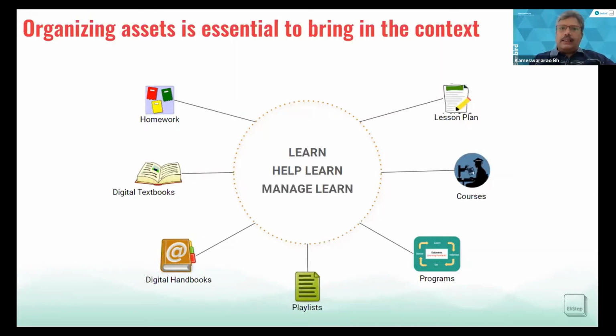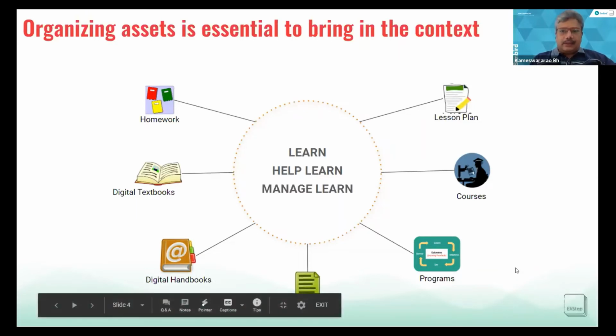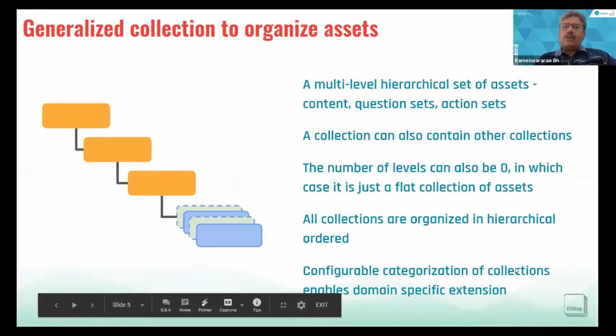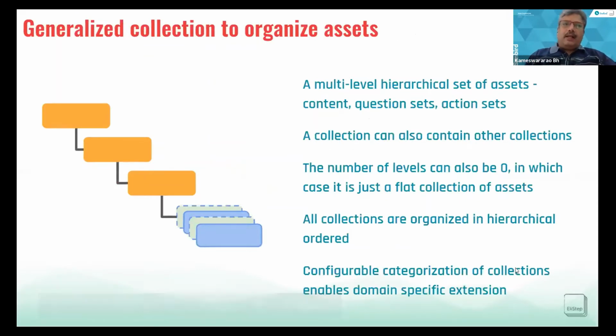So organizing the assets into certain groups becomes quite an important thing in learning contexts, and that's where we see how Sunbird infrastructure enables this. So in Sunbird, the fundamental object which enables this is a generalized collection object.